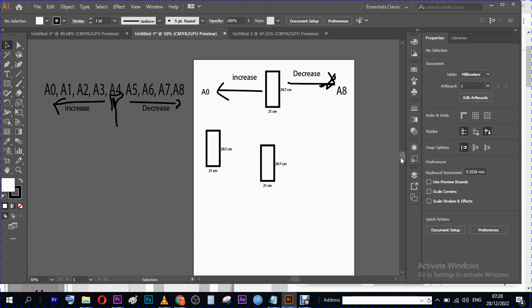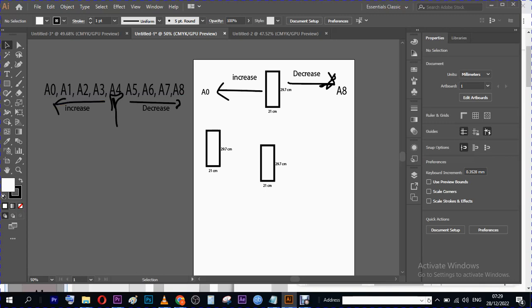So remember, as we move from an A4 to an A5 to an A6, an A7 and A8, it means that as we go downwards, the paper sizes do what? Decrease. So meaning that A8 is smaller than everything from A7 to A4. So A8 is the smallest, meaning that A5 is bigger than A6 and A6 is bigger than A7. A7 is bigger than A8.